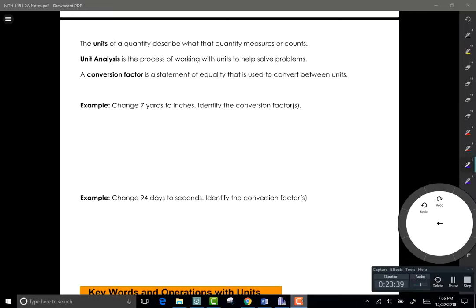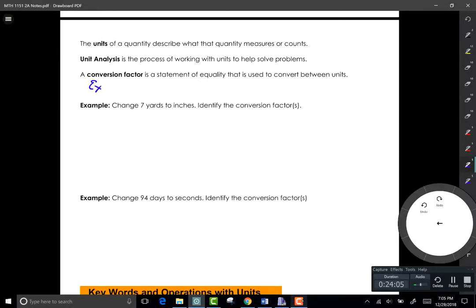Okay, now we're going to add one more term to our notes. It's called a conversion factor. A conversion factor is a statement of equality that is used to convert between units. And it's typically shown as a fraction. So for example, I know that there are 12 inches in 1 foot.